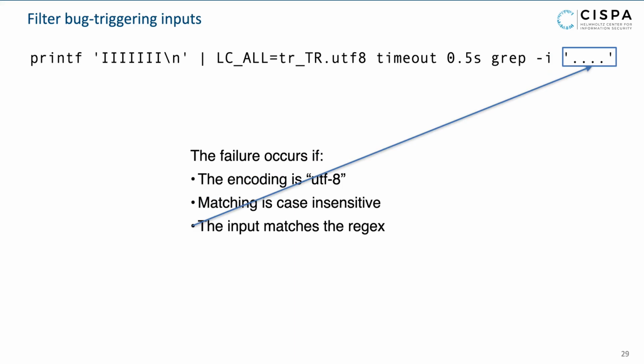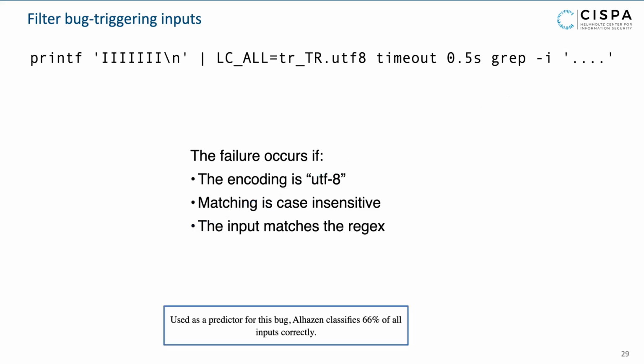The last of those conditions, the input matches the regex, is not a feature that Alhazen can recognize. Therefore, it cannot add this to its diagnosis. This shortcoming could be fixed by adding the feature to feature extraction. Even without this adoption, Alhazen classifies 66% of all inputs correctly for this bug.